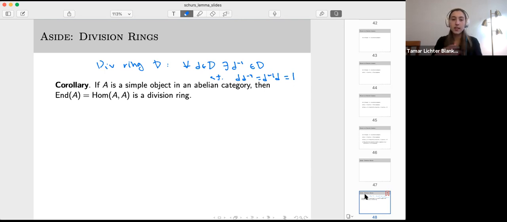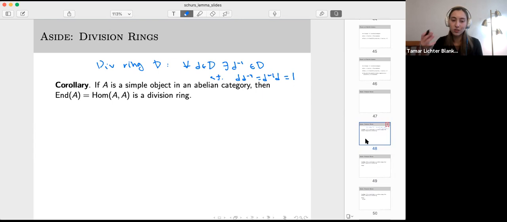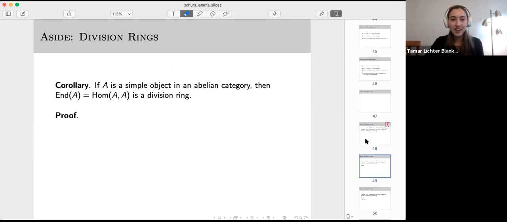And so any division ring is a division algebra over its center. So division ring and division algebra are similar notions, depending on whether you're thinking about it as an algebra over its center. And the reason I'm bringing up division algebras is because that was what Yael was talking about 2 weeks ago. So it ties in there as well.